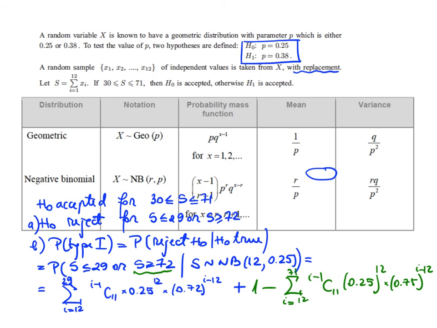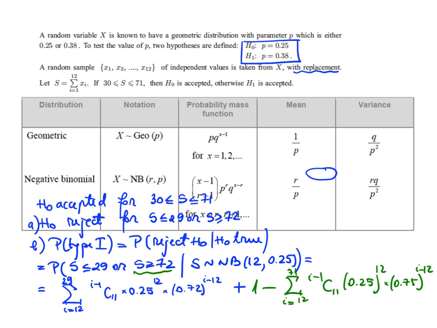So now you can either put this in your GDC as it is, or work it out a bit further by thinking that here you add all numbers from 12 to 29, and here you subtract all numbers from 12 to 71. So practically you want to subtract the ones from 30 to 71.